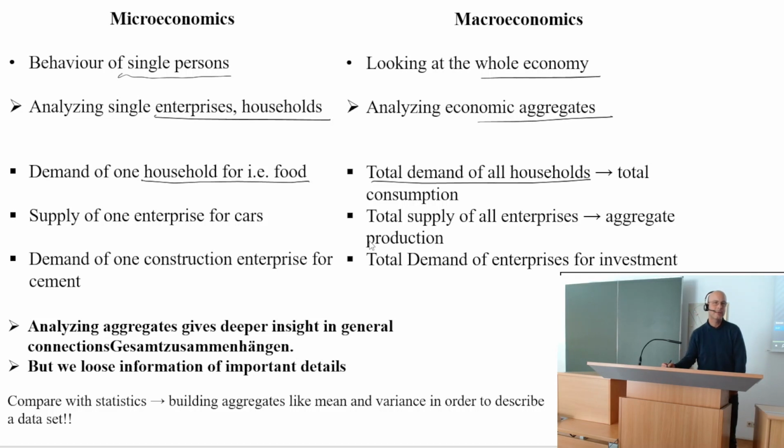So then we ask, what is the amount of private consumption as a whole? What is the part of private consumption for the performance of the whole economy? Or especially in Germany, the automobile sector is still very important for us. So we can have a look at one single company and their supply of cars, or we could look at the total supply of all enterprises. So we look at aggregate production.